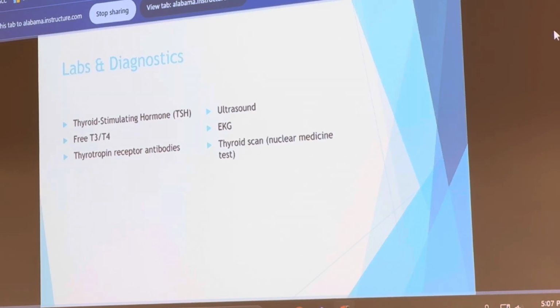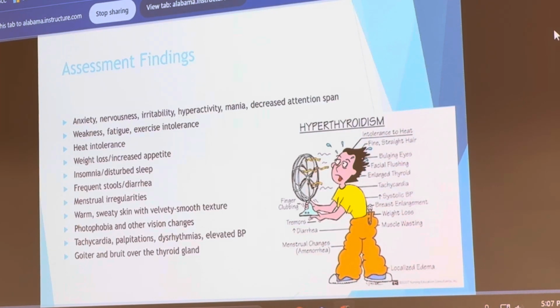What is the word you're saying, exophthalmos? Exophthalmos. I'm going to see if it's on this slide. Is that the bug eyes? It's the bulging eyes or bug eyes. I'm going to look for it on the screen.